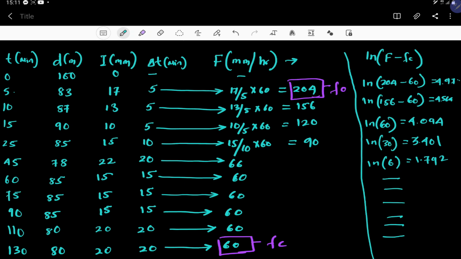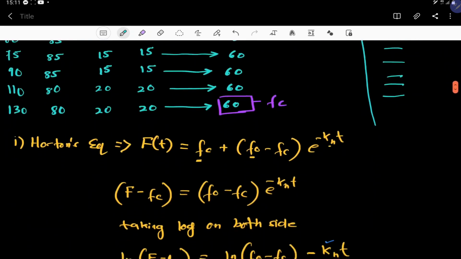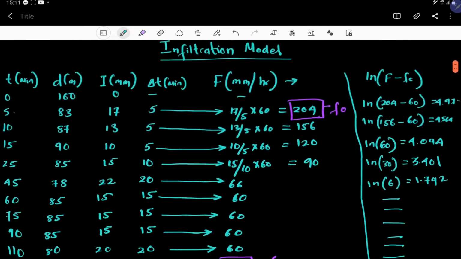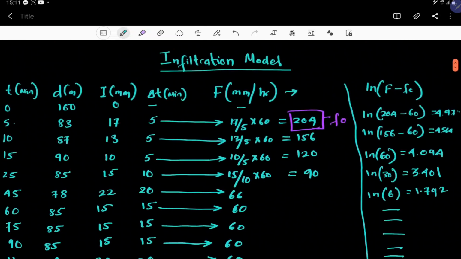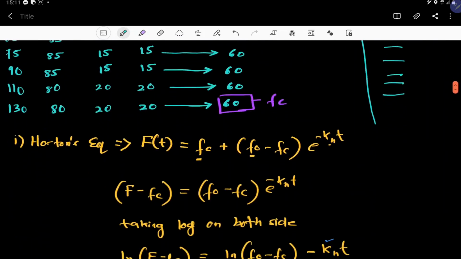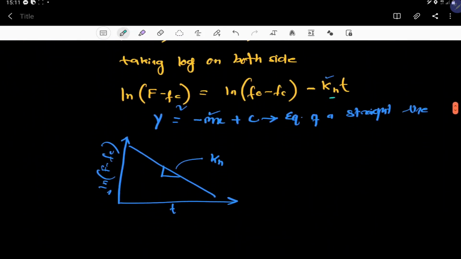Now like I said, this kh is the slope of the line. If you plot this against time t, then the slope represents the kh value. So how do we calculate the slope? The slope is change in y divided by change in x. I'm simply taking the first and the last value.